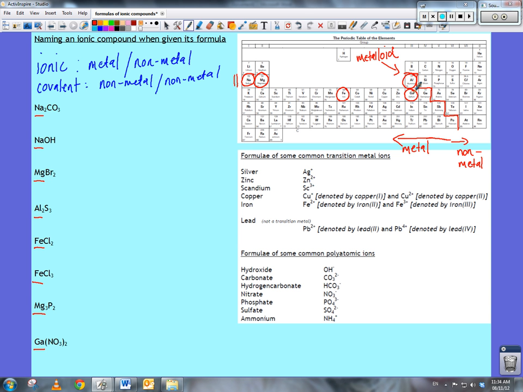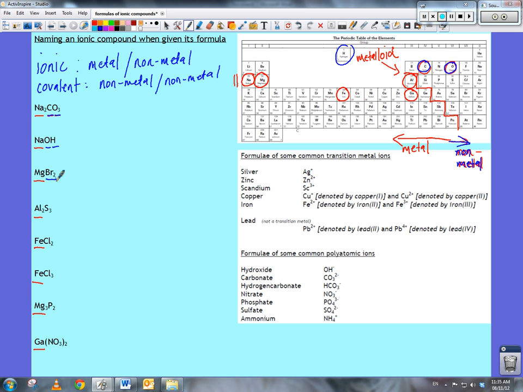So, all of our compounds contain a metal, and if we look at all of the other elements, C and O, I'm sure you're already familiar that that's carbon and oxygen, which are non-metals, and oxygen and hydrogen. Hydrogen is a non-metal despite the fact that it's in the middle there.